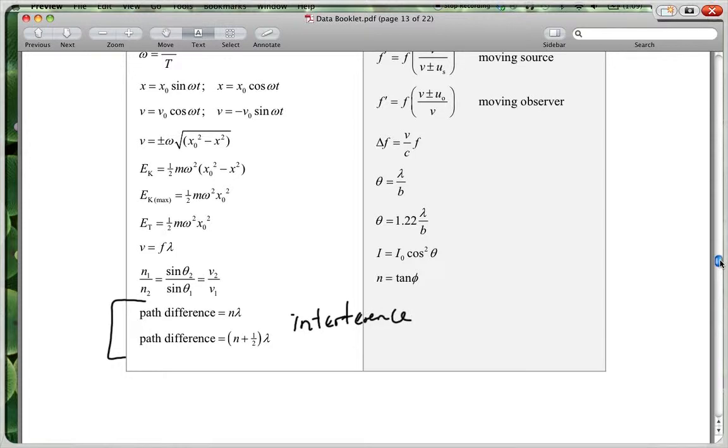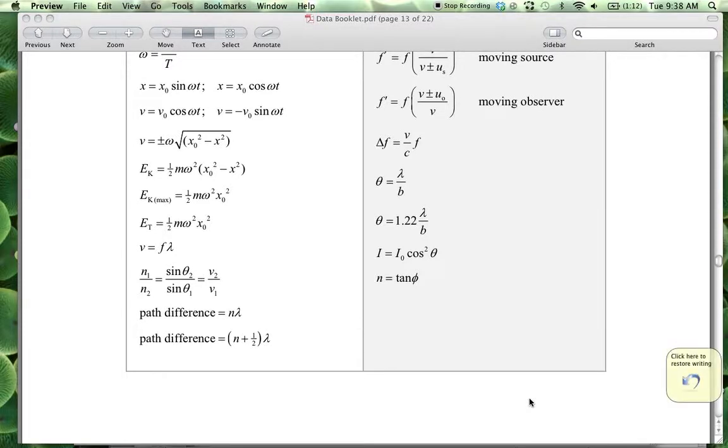And remember what the N stands for there. N is a natural number, so it's 0, 1, 2, and so on. So this is the point where you're getting constructive or destructive interference.